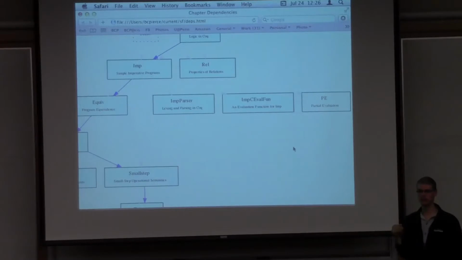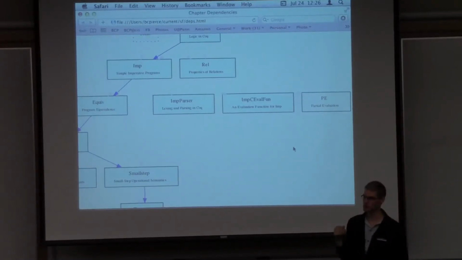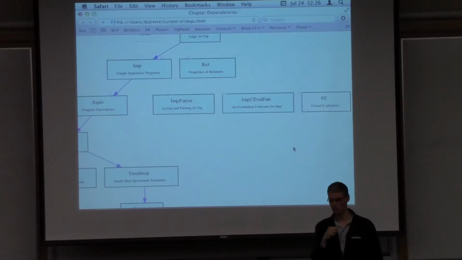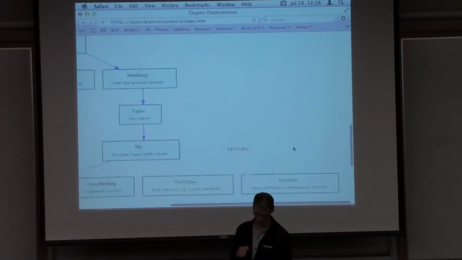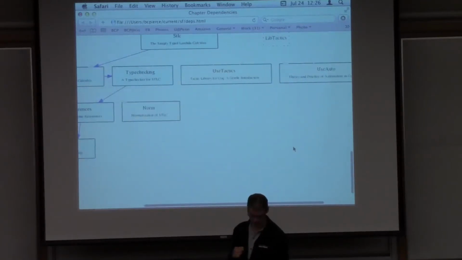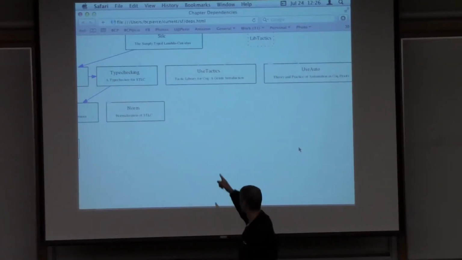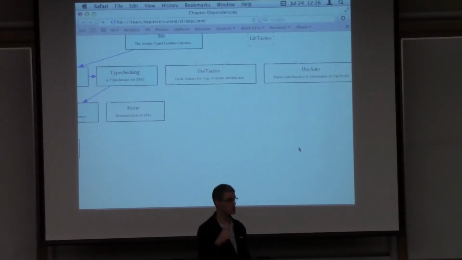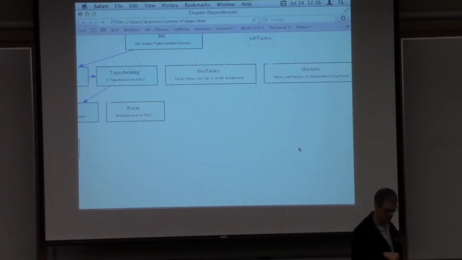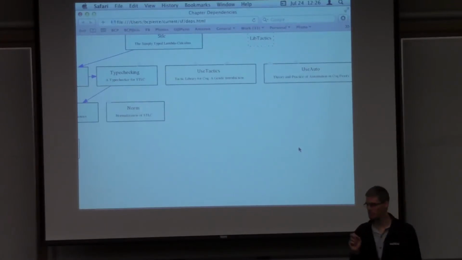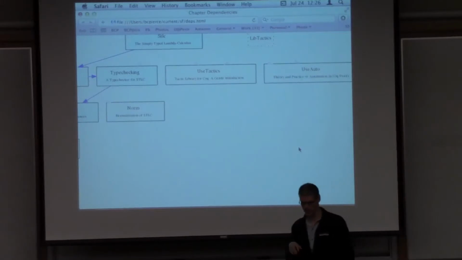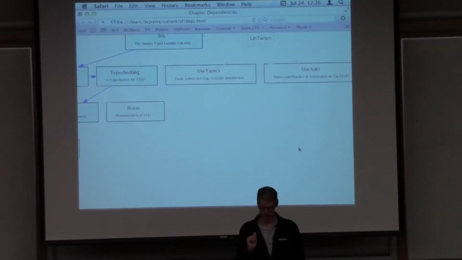The yellow means that this is a contributed chapter. This is a chapter that was written by somebody other than the main group of authors, just added as a user contribution, as it were, to the book. There are some other contributed chapters that are useful. So Norm is a chapter on normalization for the simply typed lambda calculus. I think Amal mentioned it yesterday. Following basically Tait's method, but adapted to the Coq setting, and this was contributed by Andrew Tolmach.